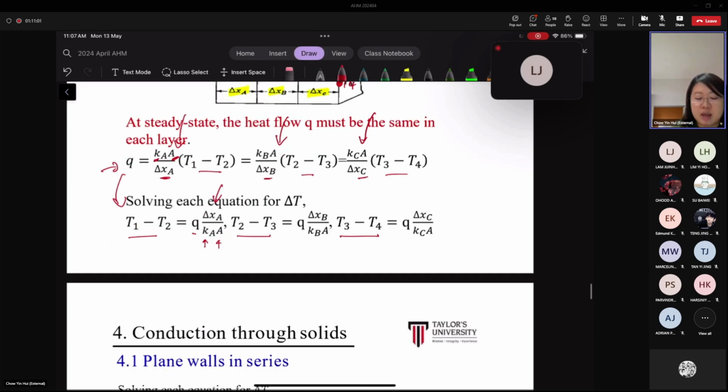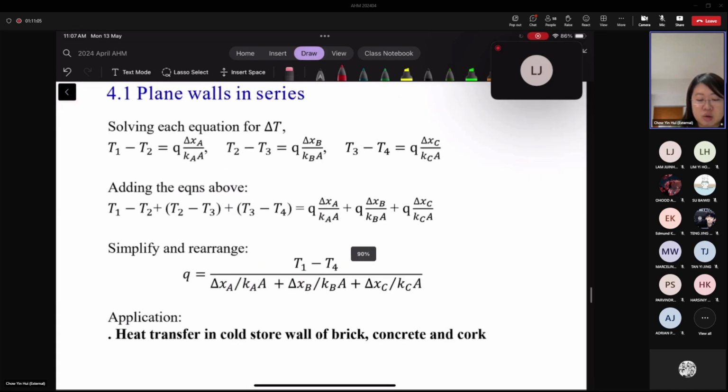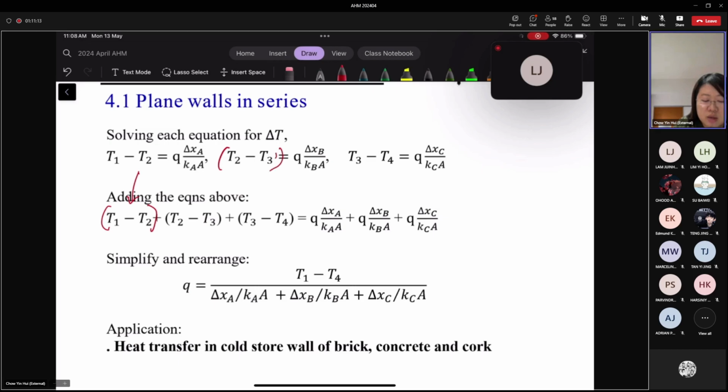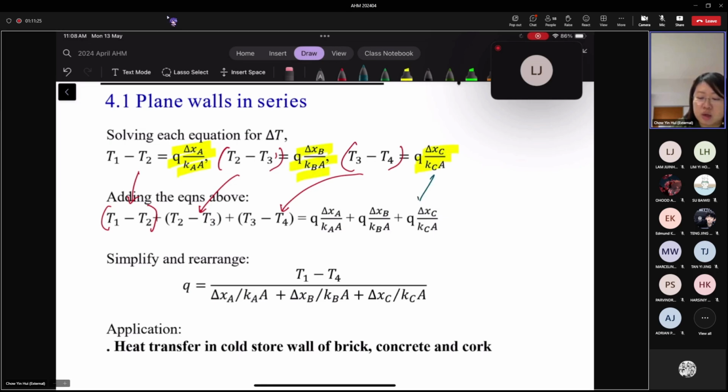Then we sum up the temperature differences: T1 minus T2, plus T2 minus T3, plus T3 minus T4. We also sum up the right hand side of each equation, and this is what we obtain.